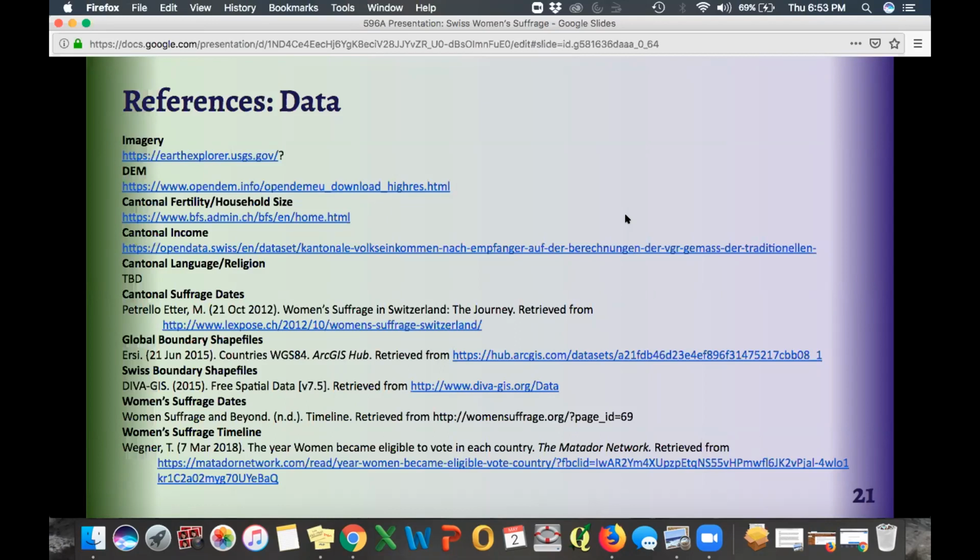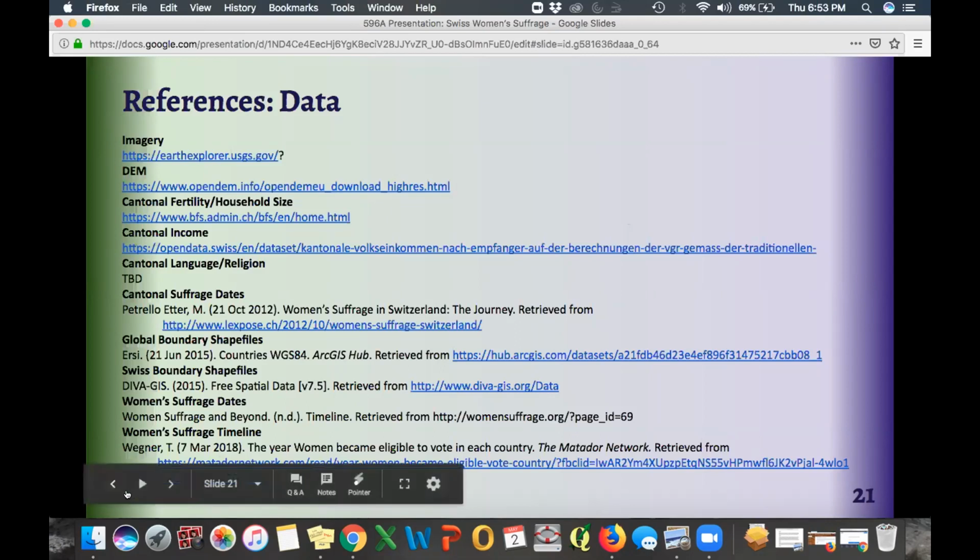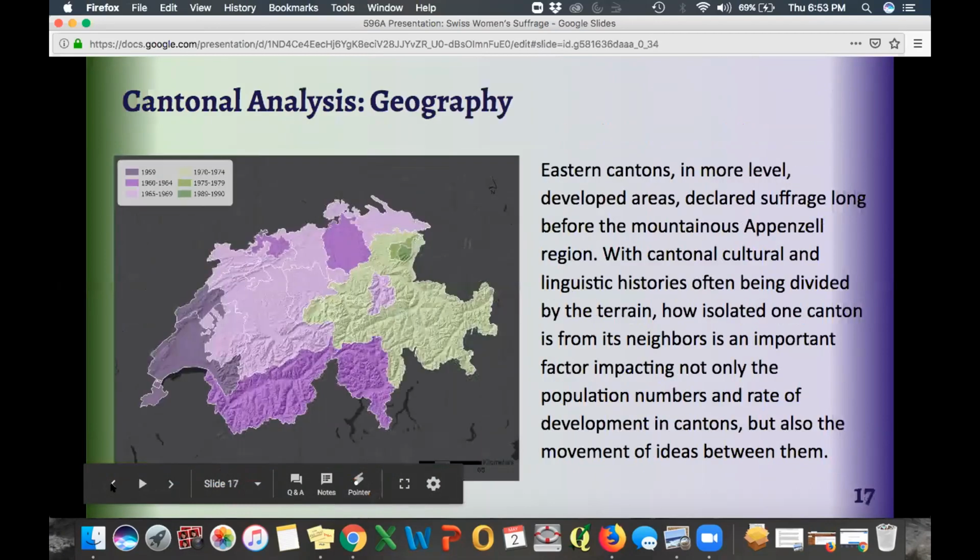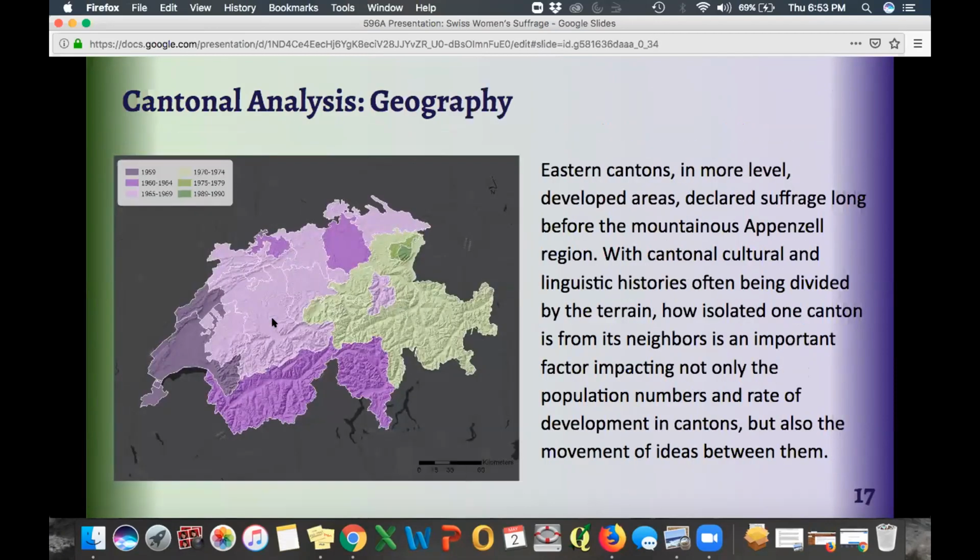So, here, let me go back in the slides for a second. Here we go. So you can see the light green area all declared suffrage around the same time as a national level.